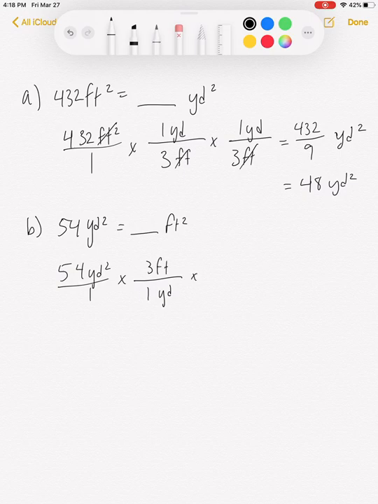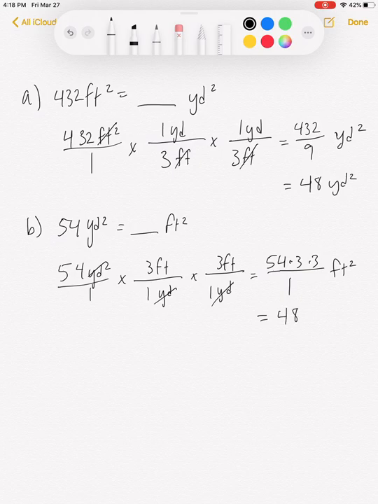But I need 2 sets of yards, so put another conversion factor where the yards will cancel at diagonals, and I have 54 times 3 times 3 over 1 feet squared. And when I multiply those out, I have 486 feet squared.